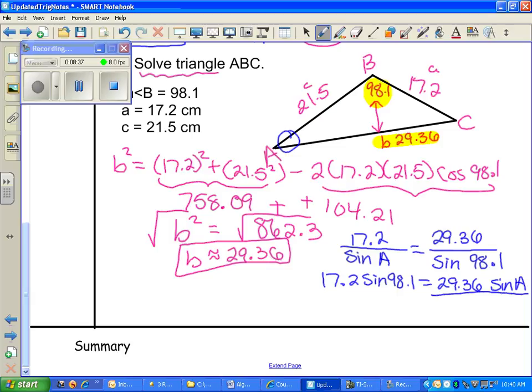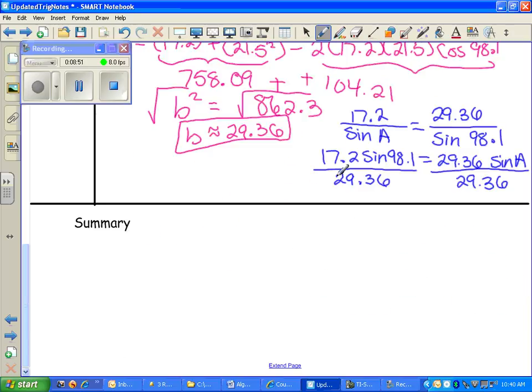Divide here, this is a little bit different because it's the sine of A that is unknown. We're going to divide by 29.36. So really what we're going to be looking at is this, all of this is the sine of A. And hopefully you remember that if we're wanting the angle, we want to do the inverse.